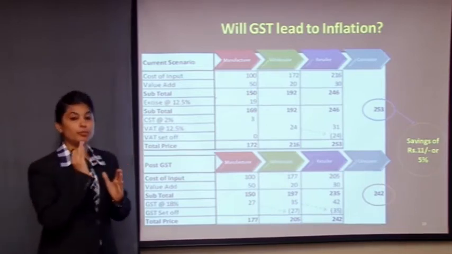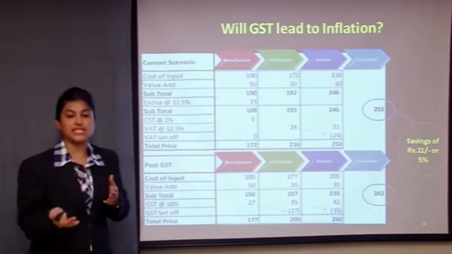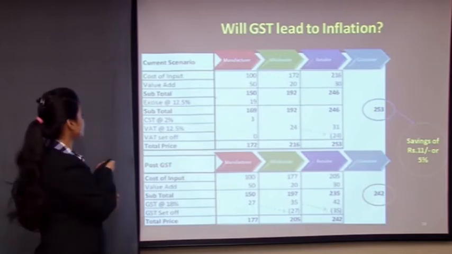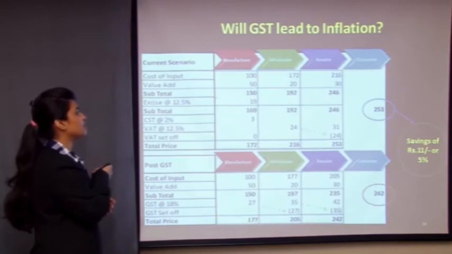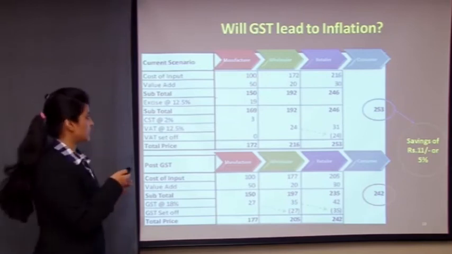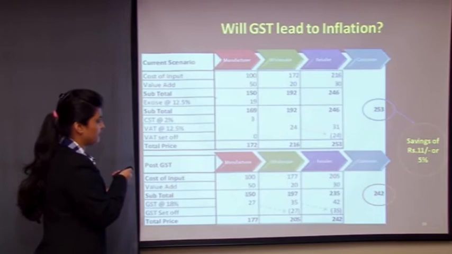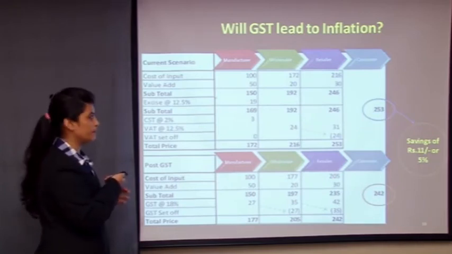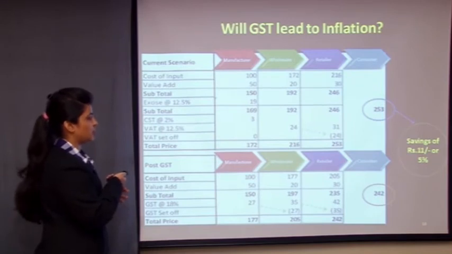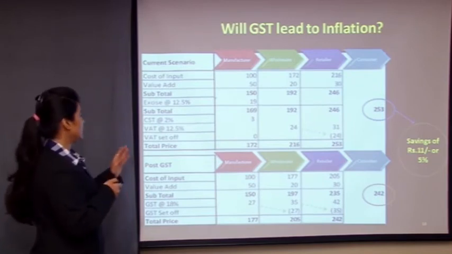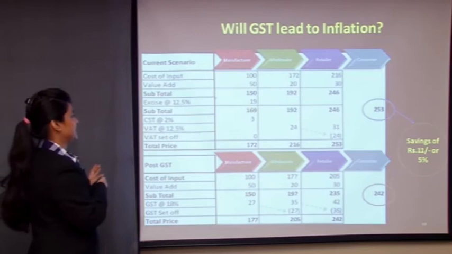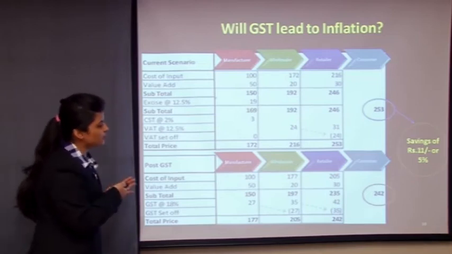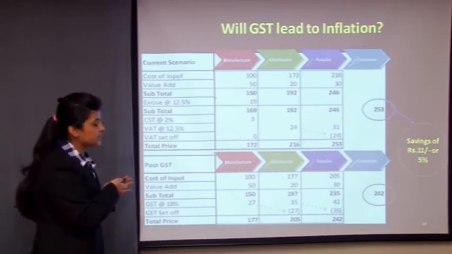Now according to the pre-GST system, excise at the rate of 12.5% was imposed, due to which 150 into 12.5% comes to around 19 rupees, making a total of 169 rupees. Now CST at the rate of 2% has to be added on this amount.